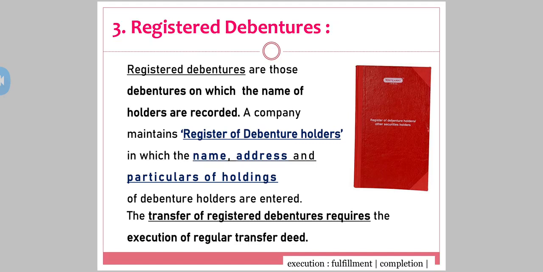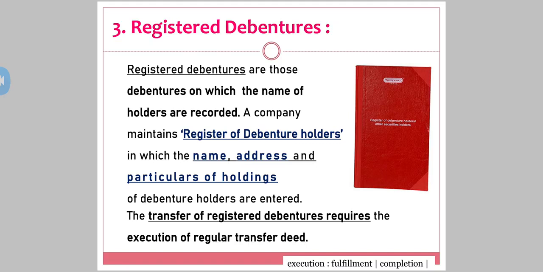Your GR number, your roll number, then your name, your date of birth, your contact details, your address. So these are the important information that is there in your attendance register. Likewise, when the company maintains a register for debenture holders, those debentures are termed as registered debentures.